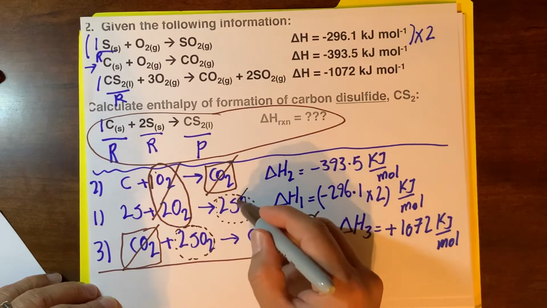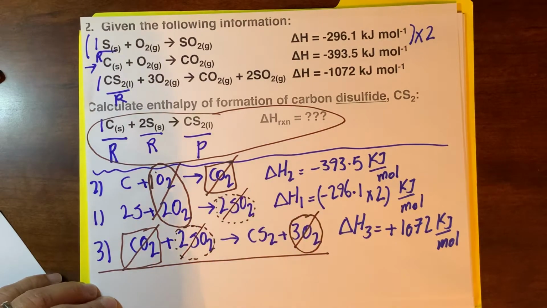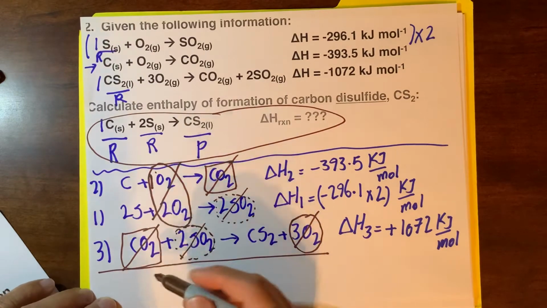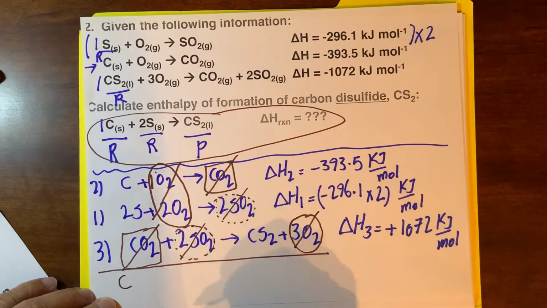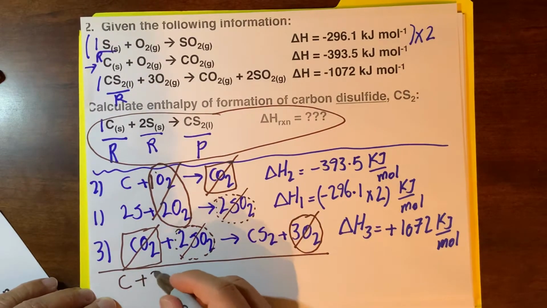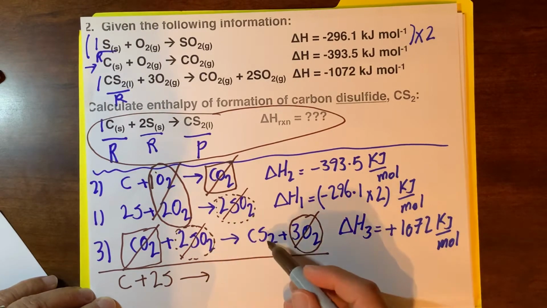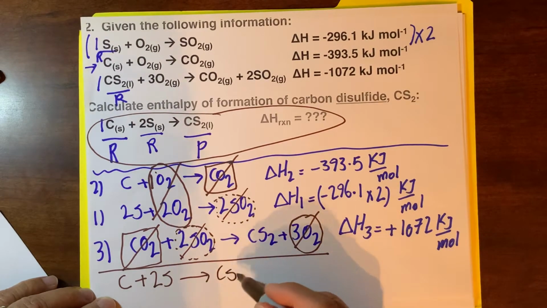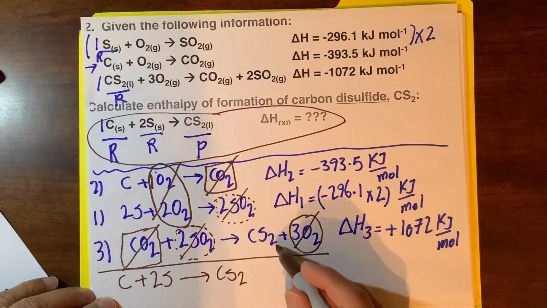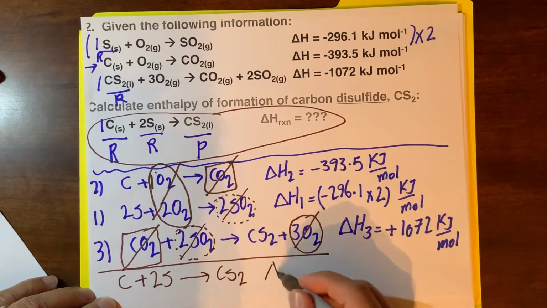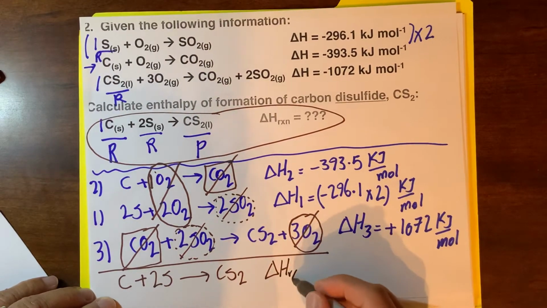You cross those. Now we are left with carbon from the first reaction plus 2 sulfur from the second reaction, nothing else on the reactant side, and on the product side, we have only CS2 from the third reaction.